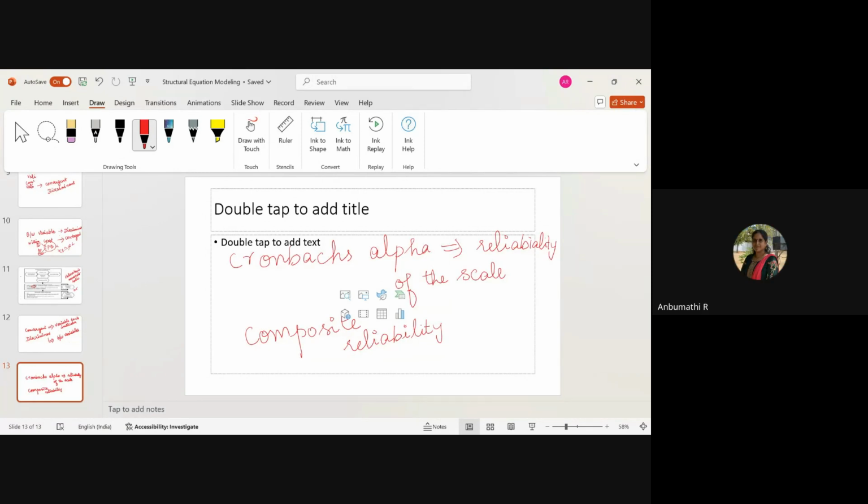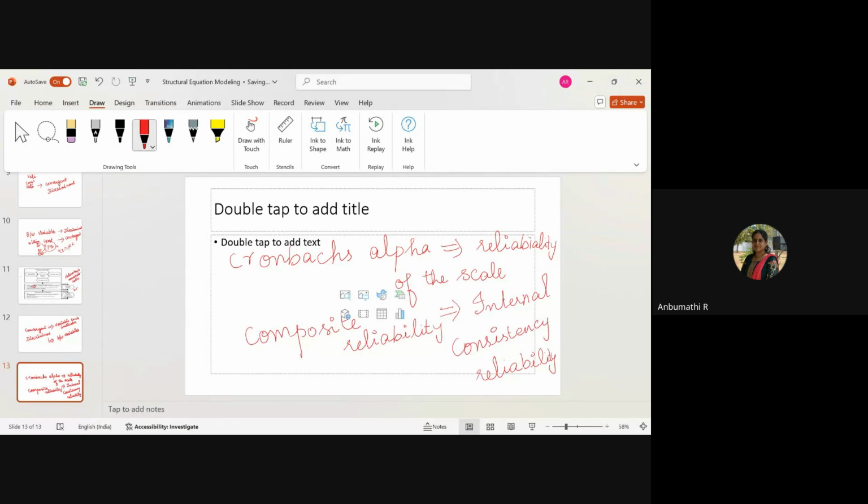The composite reliability is said to be the internal consistency reliability of the variable. Composite reliability will tell you the internal consistency reliability. Cronbach's alpha has got a problem.